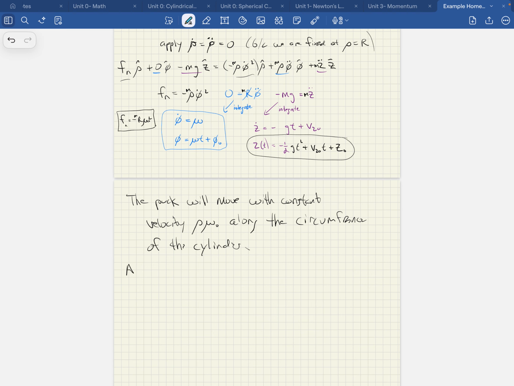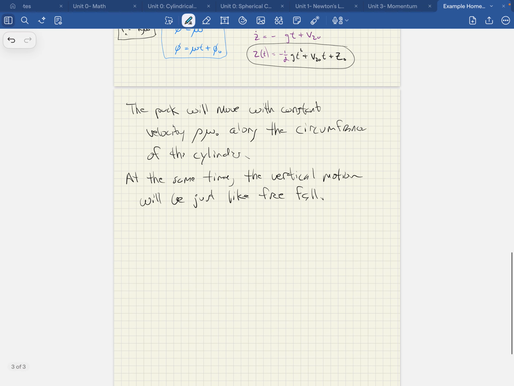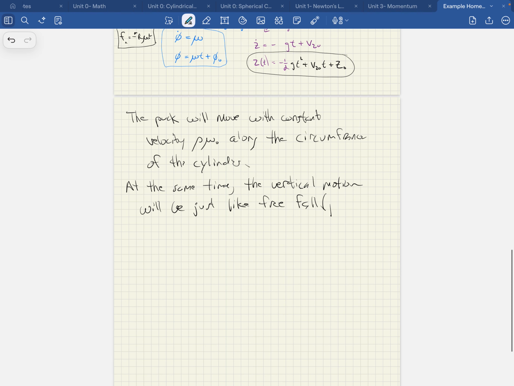At the same time, the vertical motion will be just like free fall, parabolic.